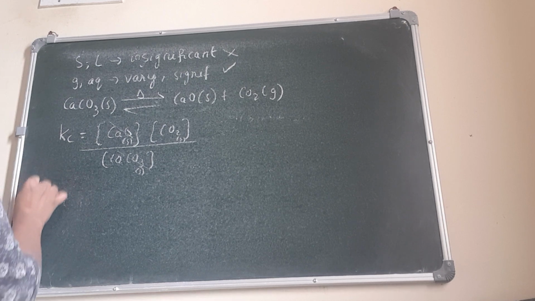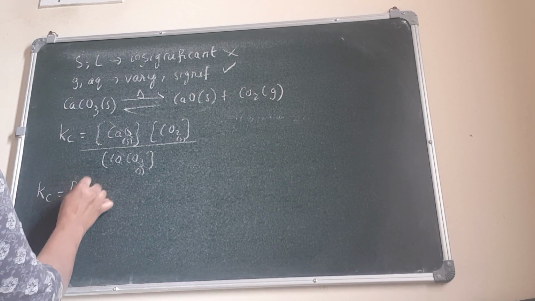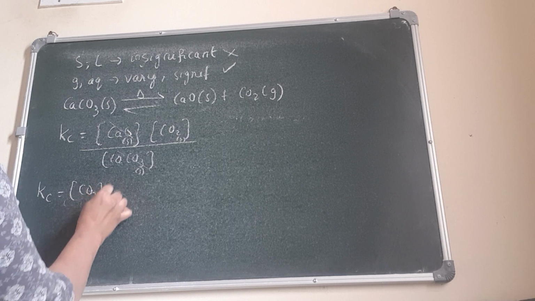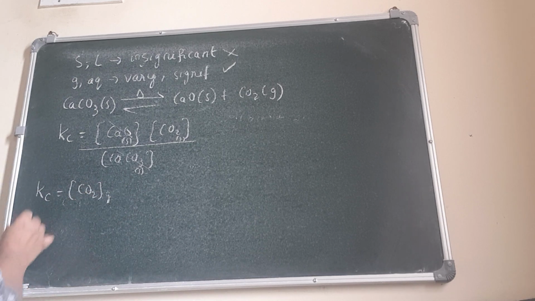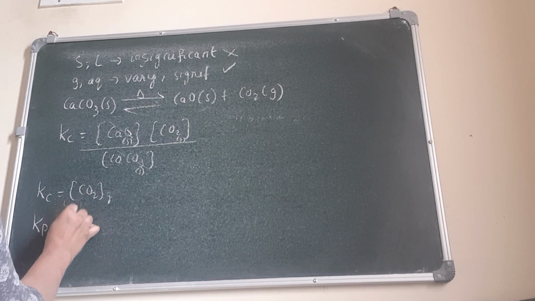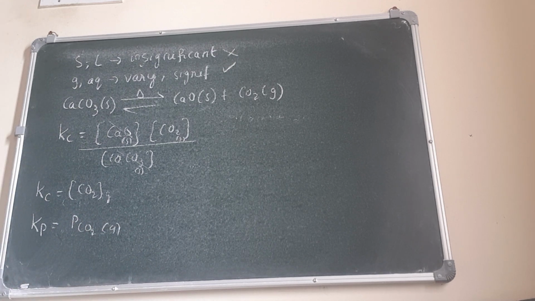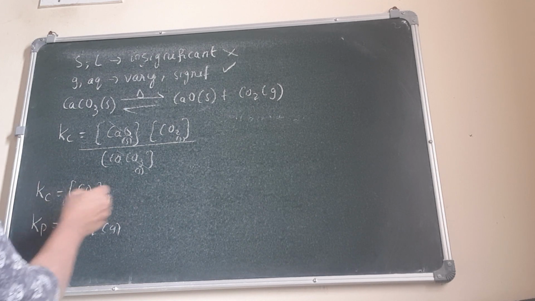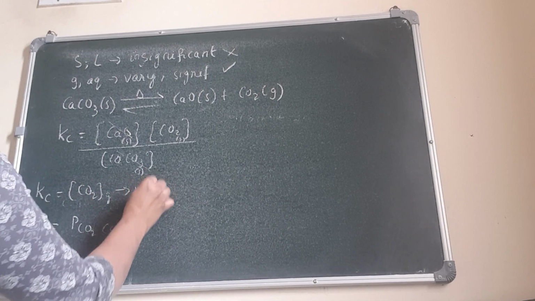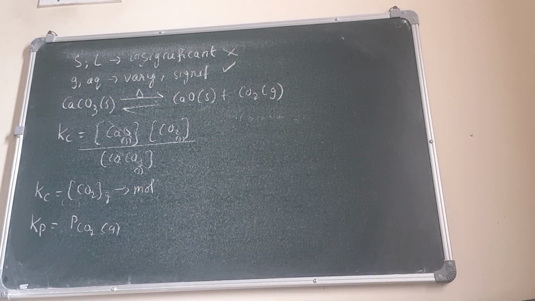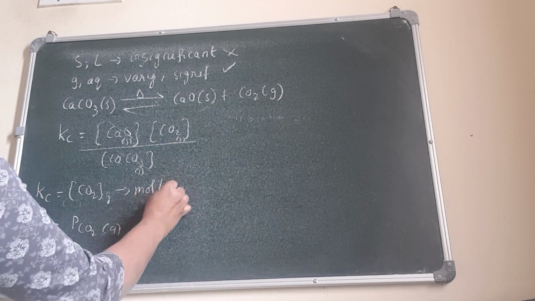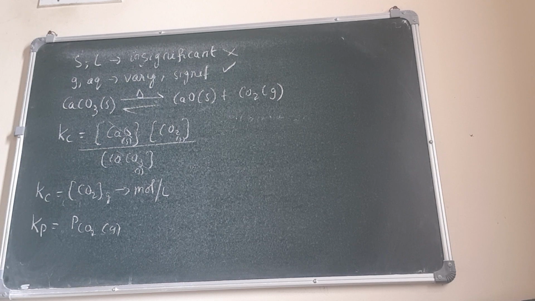So now the final Kc will be just the concentration of carbon dioxide, which is in the gaseous state, or in terms of Kp when I write, it is nothing but the partial pressure of carbon dioxide gas. Now if you carefully observe this, Kc, what will be the unit in this case? Concentration, it will be mole per liter if you are taking molarity here.